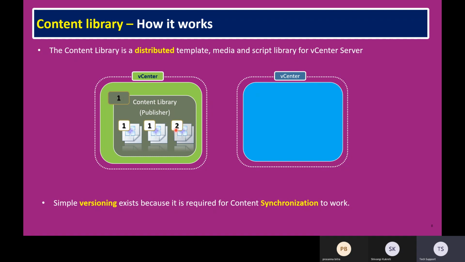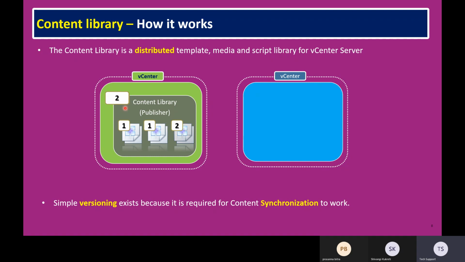A version change means, for example, you apply the latest patch, or you upgrade your Windows operating system from Windows 2019 to Windows 2022. That means there is some change. When the change happens, the version changes from version 1 to version 2, and automatically the content library publisher version is also modified to 2.